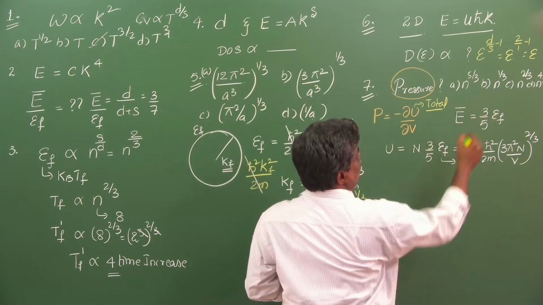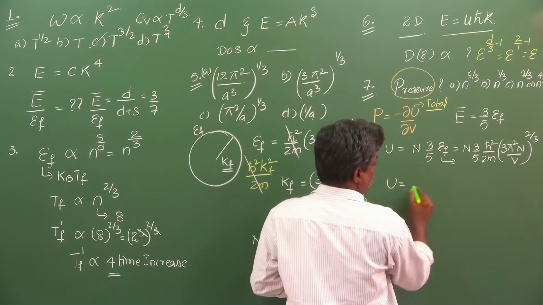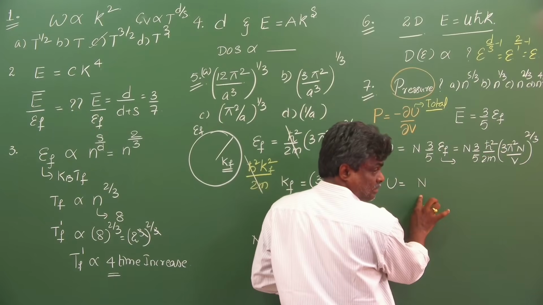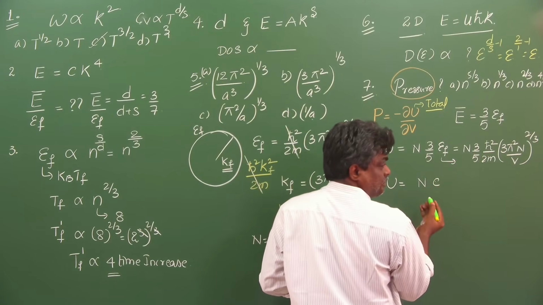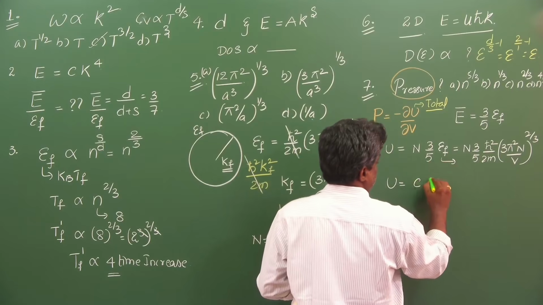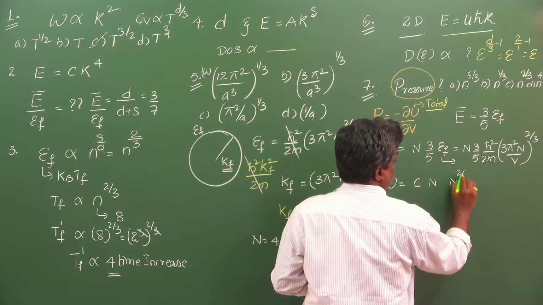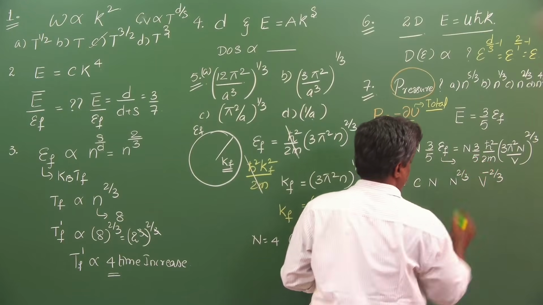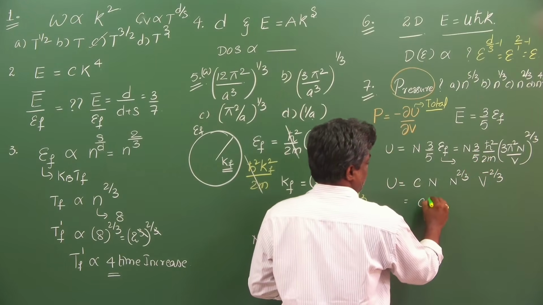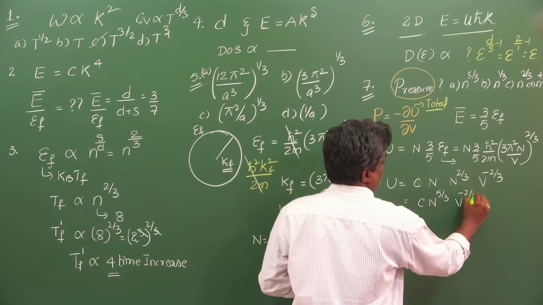Now forget everything; he is asking only proportionality, so constants are removed. Only keep capital N, because that is a number, times some constant. Here it is N power 2 by 3 into V power minus 2 by 3, so U is proportional to N power 5 by 3 into V power minus 2 by 3.